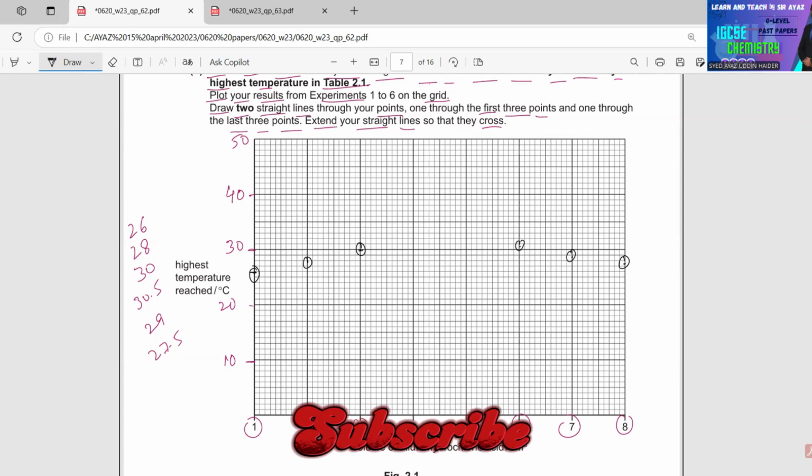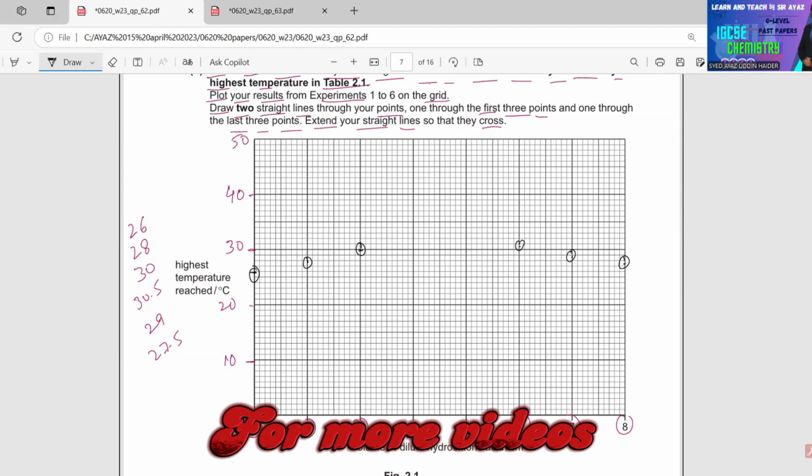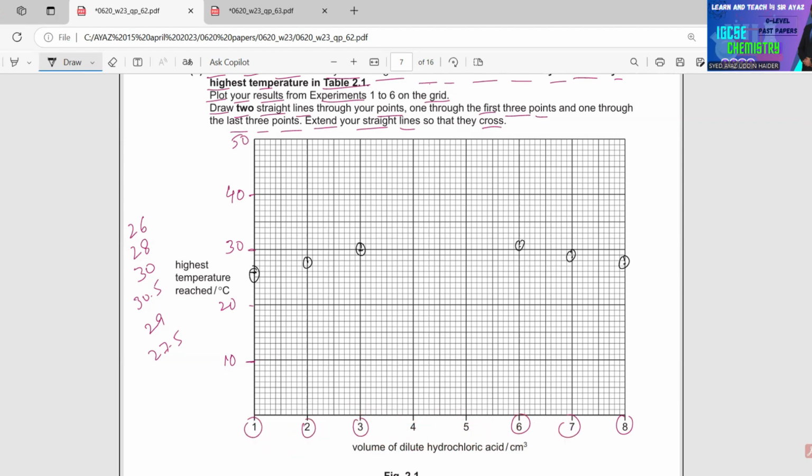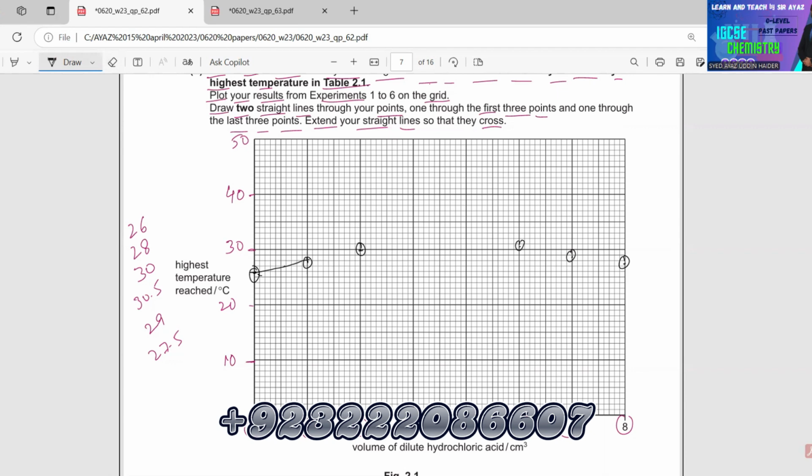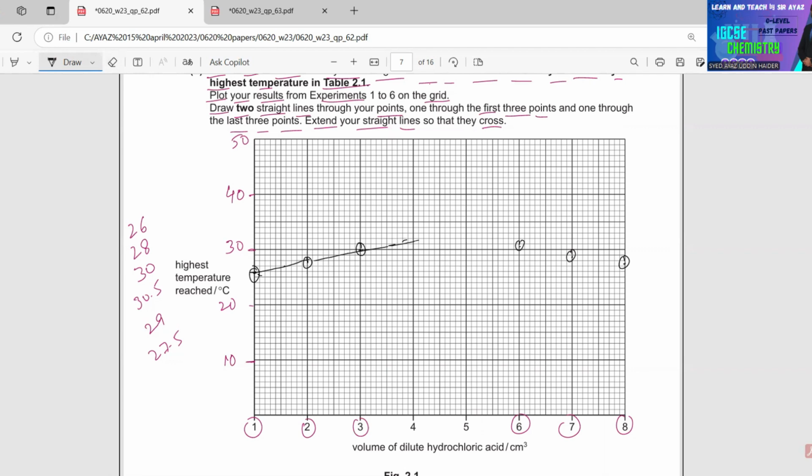Now we have two straight lines, one for the first 3 points and one for the last 3 points. So these are the first 3 points. The last 3 points must be from this side.